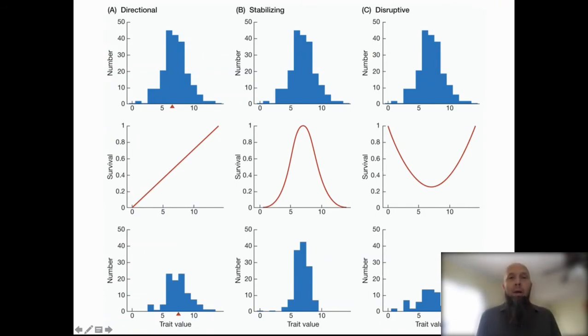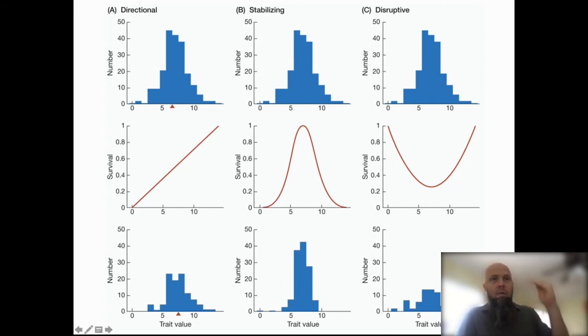So if we think about these variable populations that have extreme trait values occurring at, let's say, some low frequency and average trait values at a high frequency, like all of the top blue graphs in this figure, we're looking again at these sort of normal distributions. The y-axis is frequency.